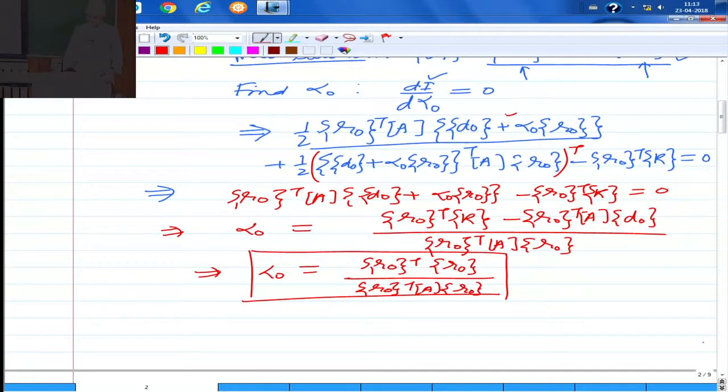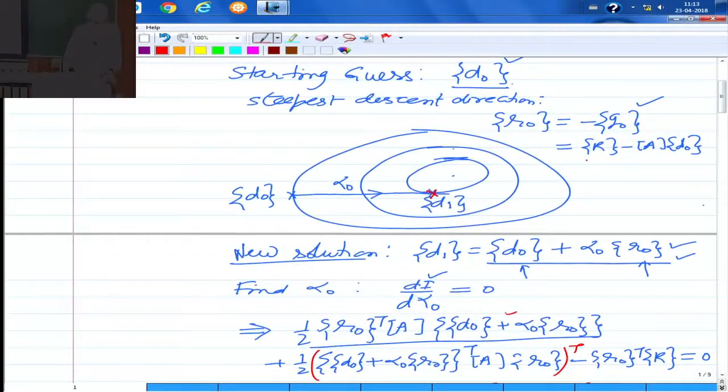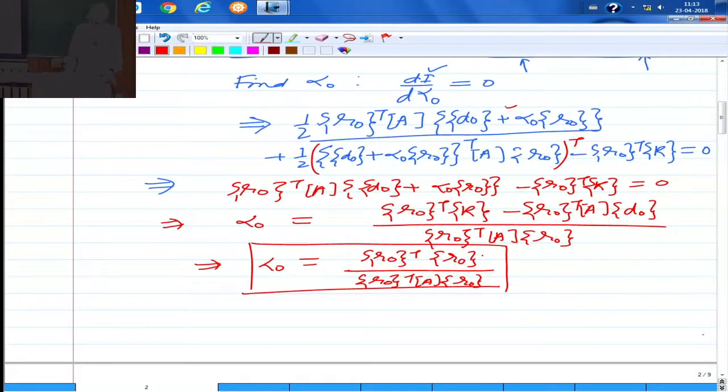So the advantage here is, if you look at the calculations, the first step we would need to do is this calculation. Here you are doing matrix vector multiplication, and in the numerator it is vector multiplication, and the denominator is matrix vector and then vector multiplication. So no inversion of a matrix is involved, and vector matrix multiplication is computationally of the order of n square floating point operations, whereas inverse of a matrix is proportional to n cube floating point operations.